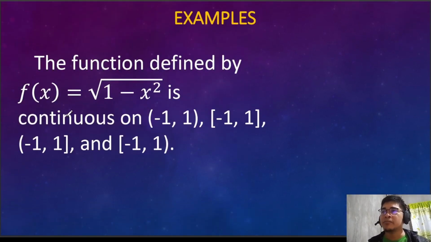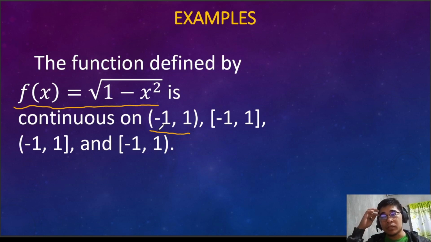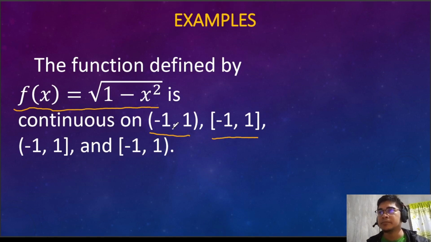The function defined by f of x is equal to square root of 1 minus x squared is continuous on open interval negative 1 and 1. So take note, kasi continuous na siya sa open interval negative 1 and 1, so the other also, they are continuous. Even closed interval, diba? Sa tuyo na nga condition, dapat continuous on an open interval negative 1 and a. And we have continuous from the right at a, and then from the left at a.